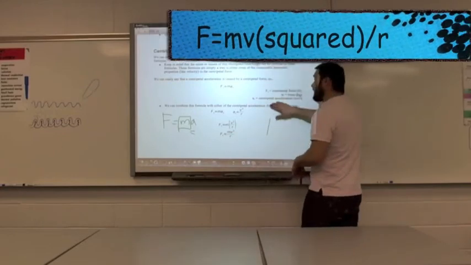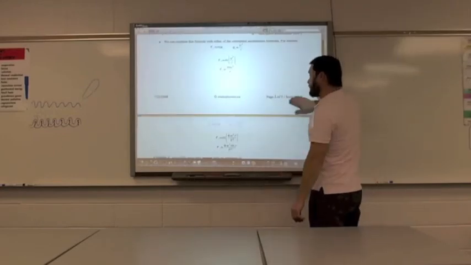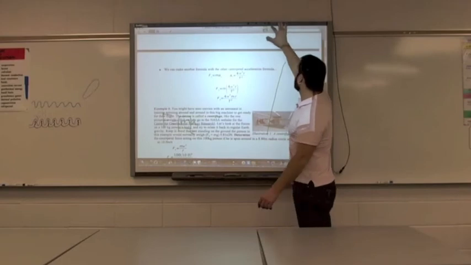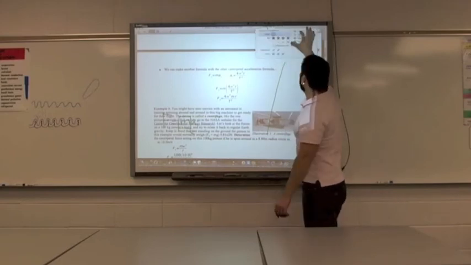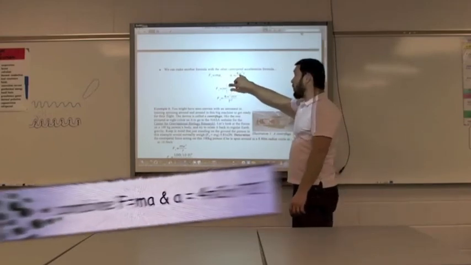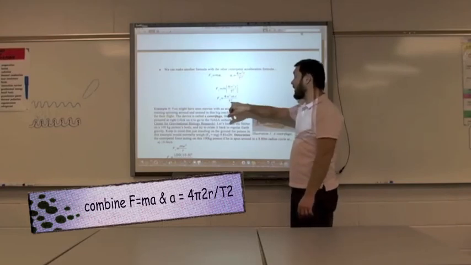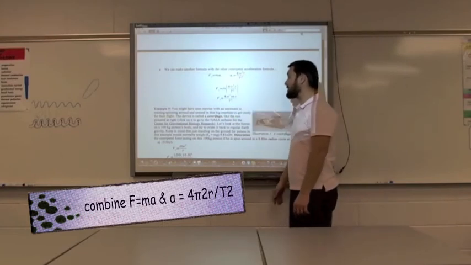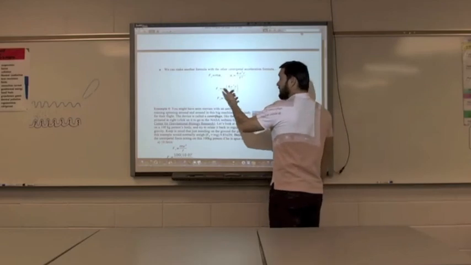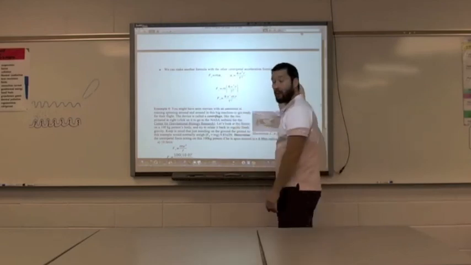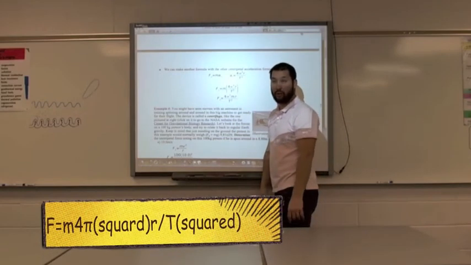Done. The next one is here. So a is equal to 4 pi squared r over t squared. Mass. You could leave mass on the outside, or if you just multiply it through, it looks like that.